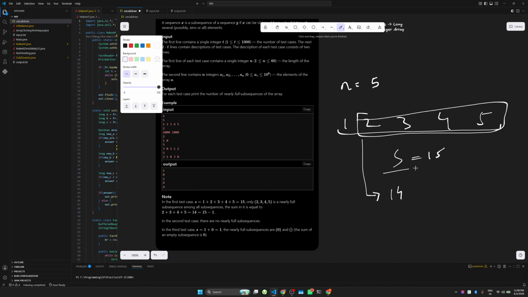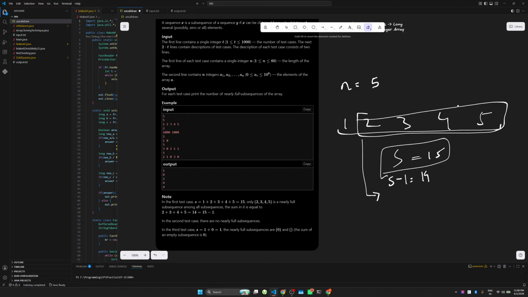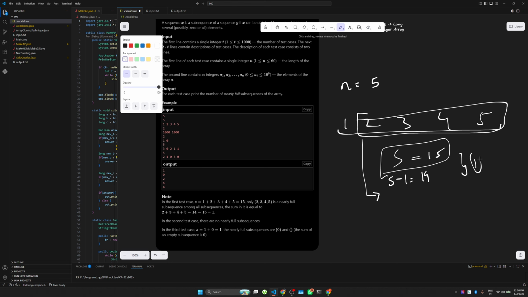S equals 15 and S minus 1 equals 14. Therefore, we can return this as one answer. Do we have any other such, according to the note? We don't.